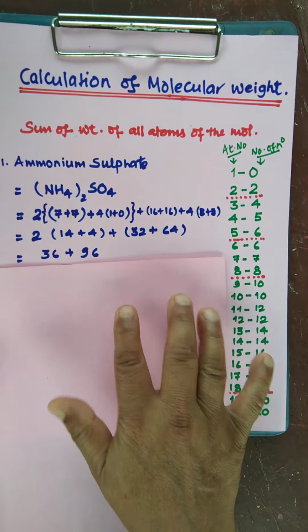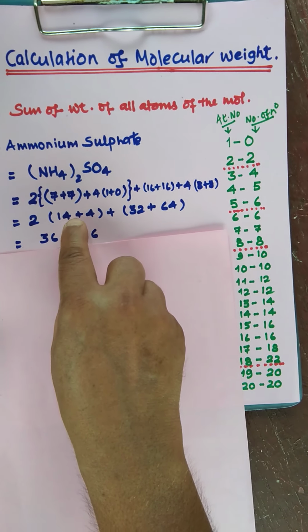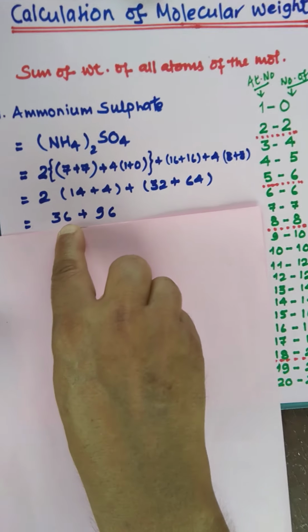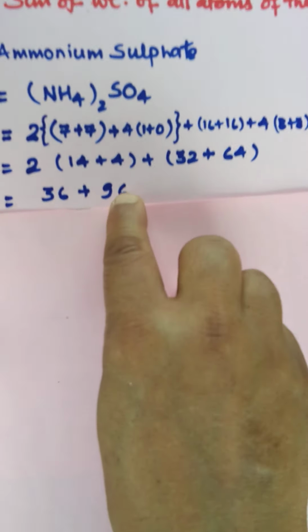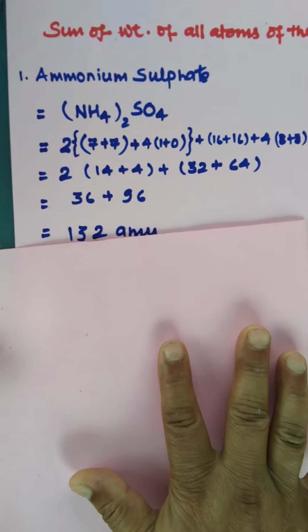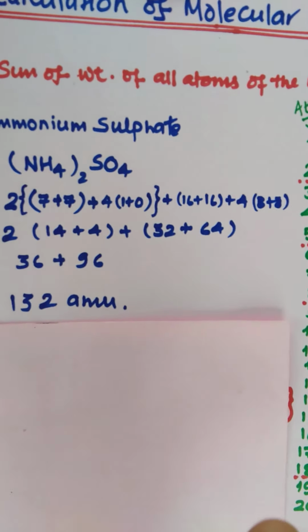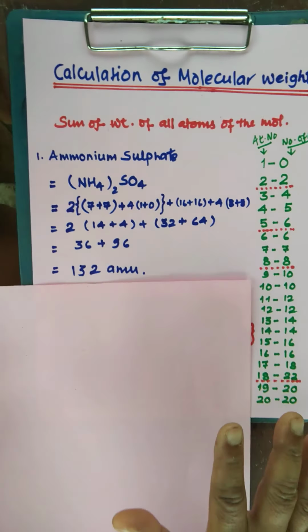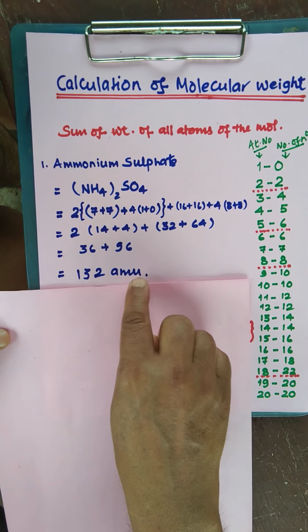Now further simplification is required. So it is 14 plus 4 is 18, 18 into 2 is 36. Similarly, 32 plus 64 is 96. 96 plus 36 is 132 AMU. So in this way we calculate the molecular weight of ammonium sulfate, which is 132 atomic mass units.